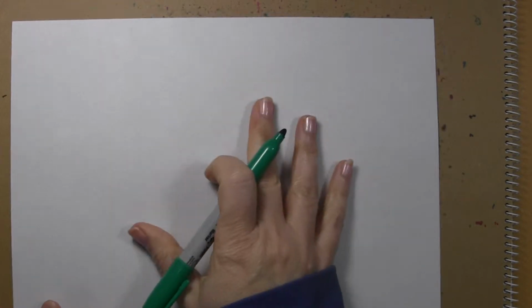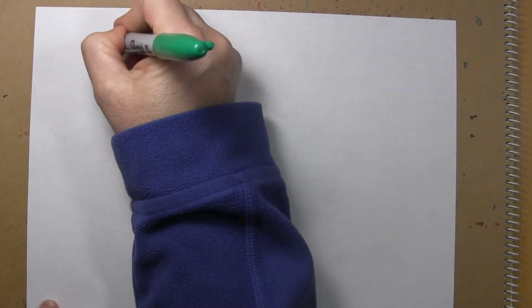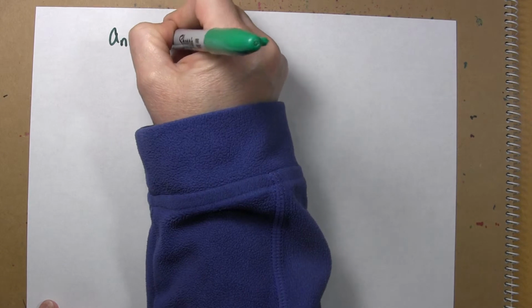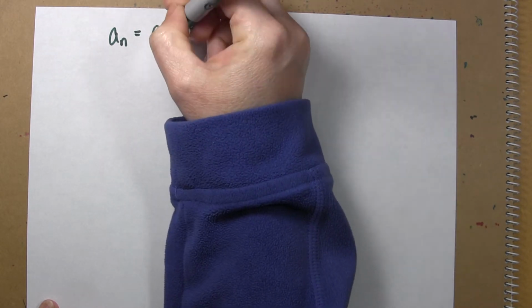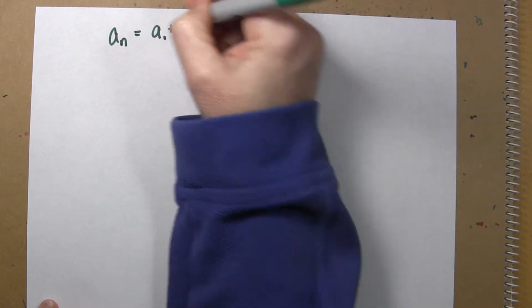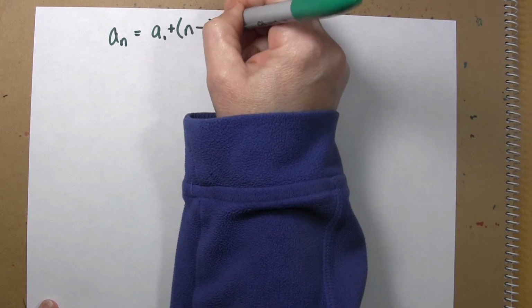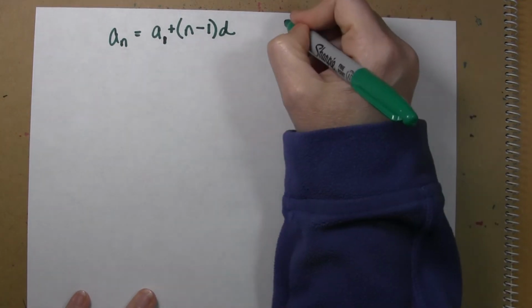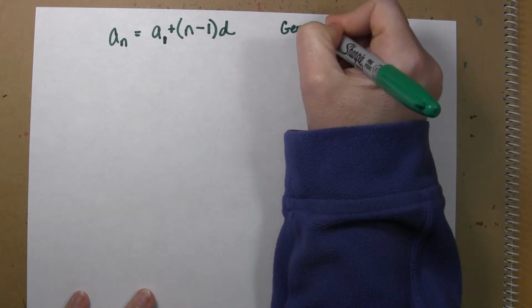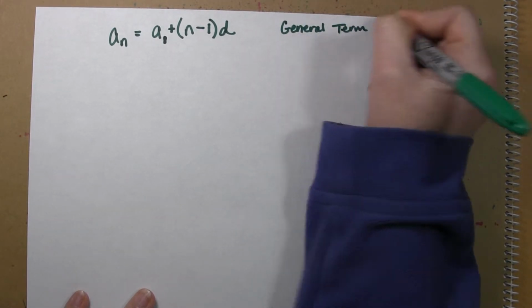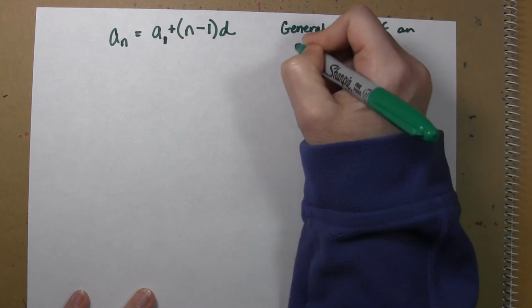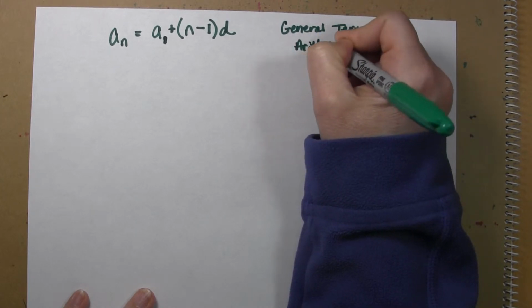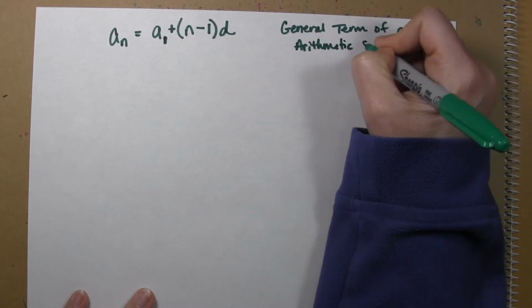And while you're writing that down, I'm going to get a new piece of paper, and I'm going to write it up here again for you. a sub n equals a sub 1 plus n minus 1 times d. That's a 1. Okay? So this is our general term of an arithmetic sequence.